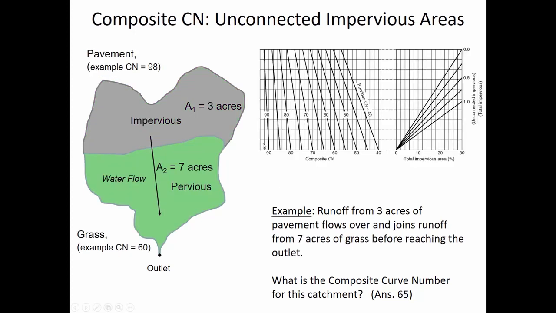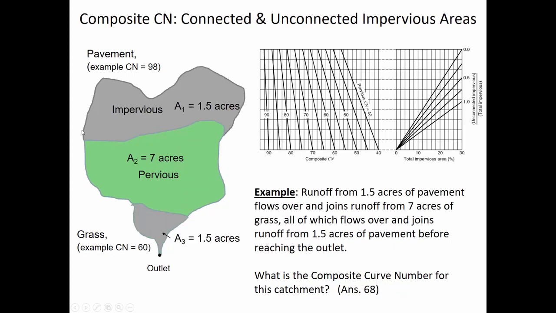In this case, we had 100% of it was unconnected. Just to round out the example with one more look, now some of the asphalt is directly connected. Some of the asphalt is unconnected. So it's half and half.